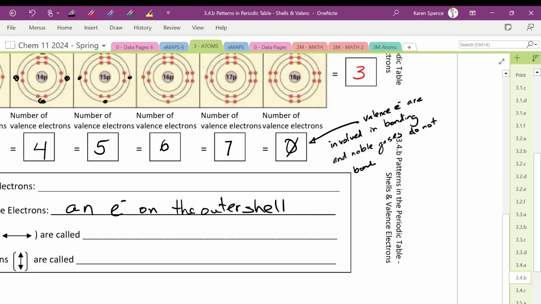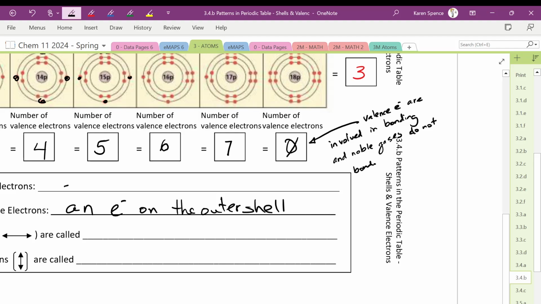So if electrons on the outer shell are called valence electrons, can you figure out by looking at this sheet what we call electrons that are not on the valence shell, on the outer shell? Core electrons? They are called core electrons.